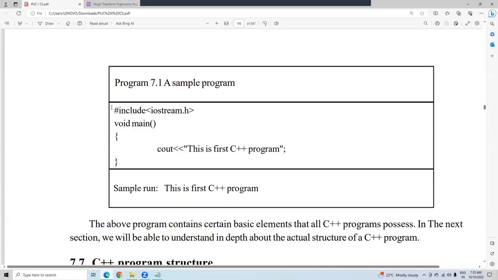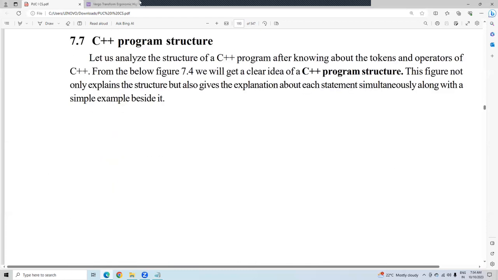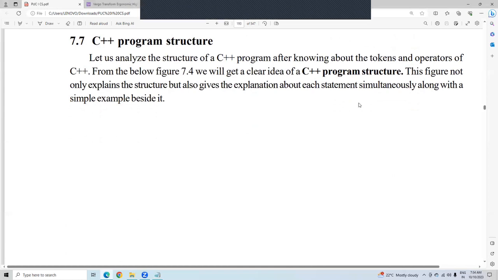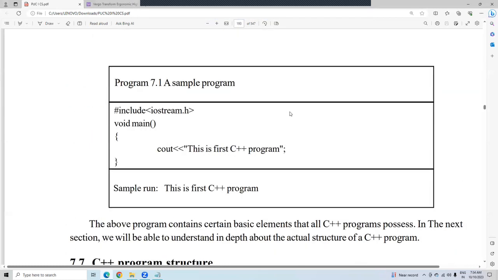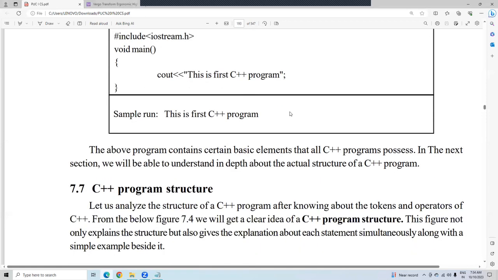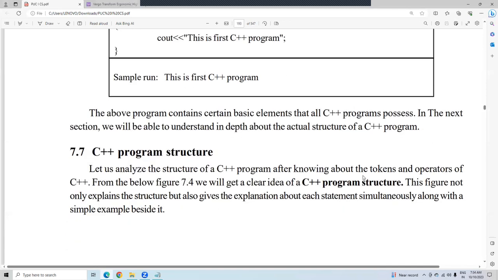Usually all C++ programs come in this style only. This question they may ask you: briefly explain the structure of a C++ program. You need to write this structure and you should be able to explain all the parts of this program, right? Later on, in the next section, we will understand in depth the actual structure of a C++ program.